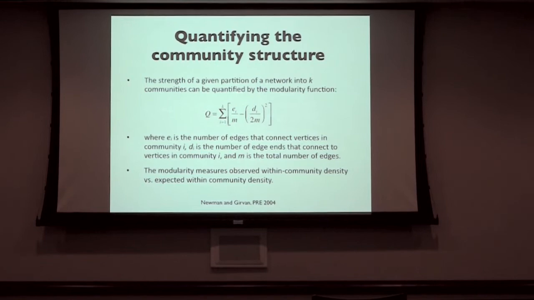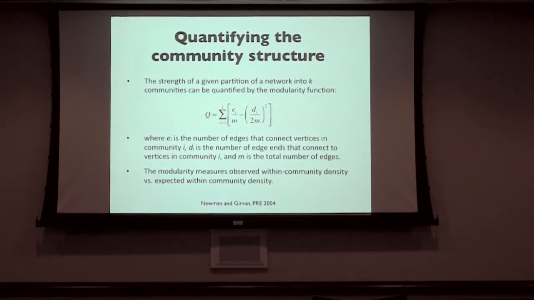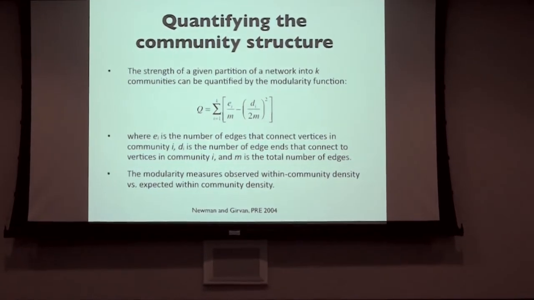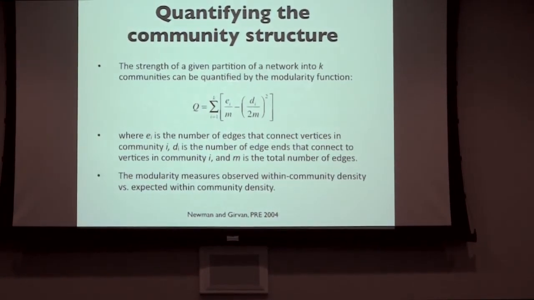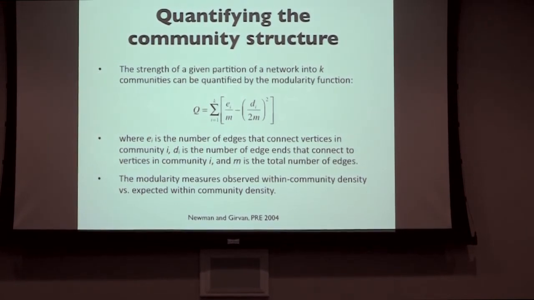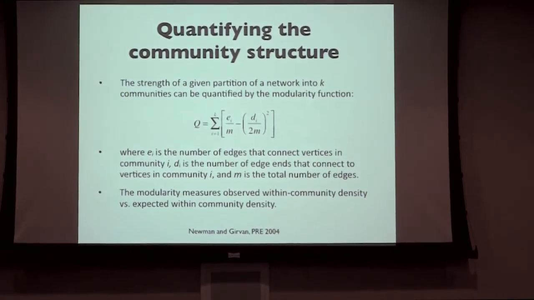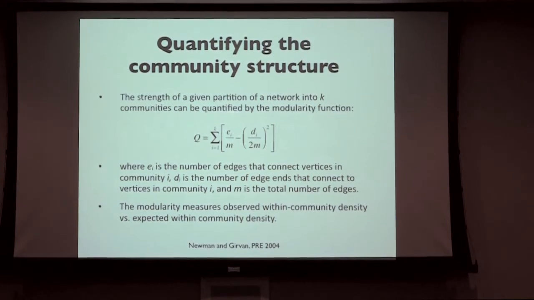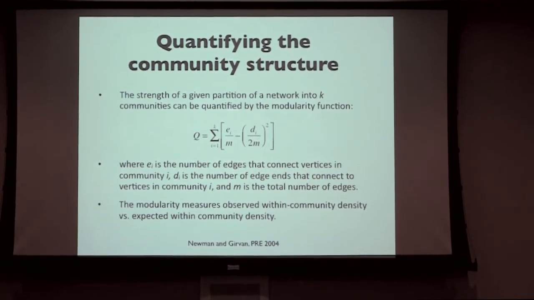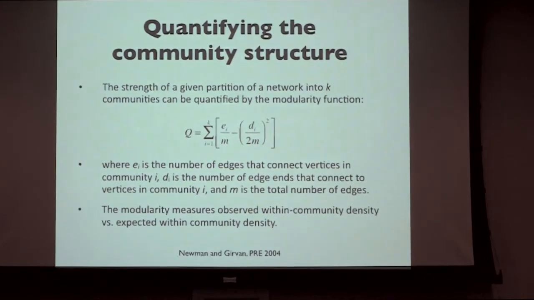In order to detect the community structure, it's useful first to develop a metric to say, if I have a partition, is that a good partition? This is work that I did quite a long time ago, when I was a postdoc, actually maybe when I was a grad student, on quantifying the community structure.